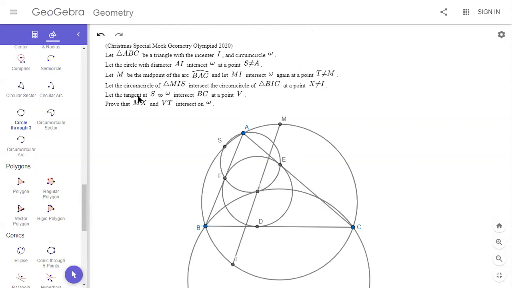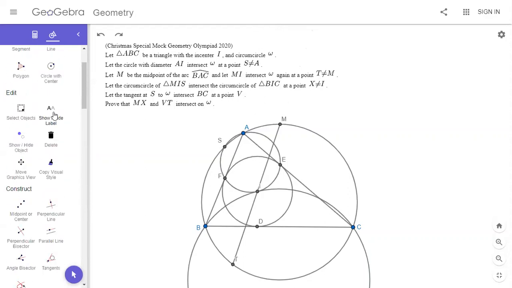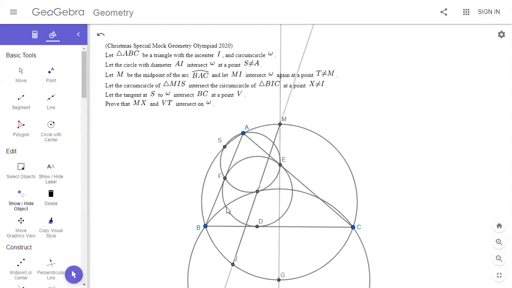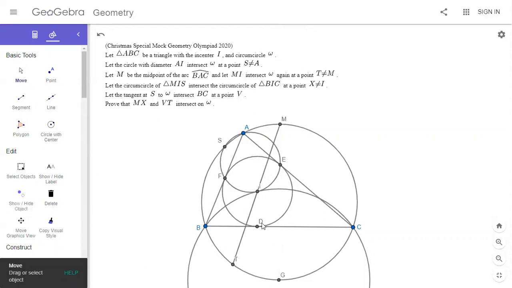So actually, before I even draw the circumcircle of MIS, these two circles are tangent because basically by the incenter-excenter lemma. I actually mentioned this in one of my previous videos, but basically you have the circle with diameter AI, right? And then by what we were talking about, G is the midpoint of arc BC.